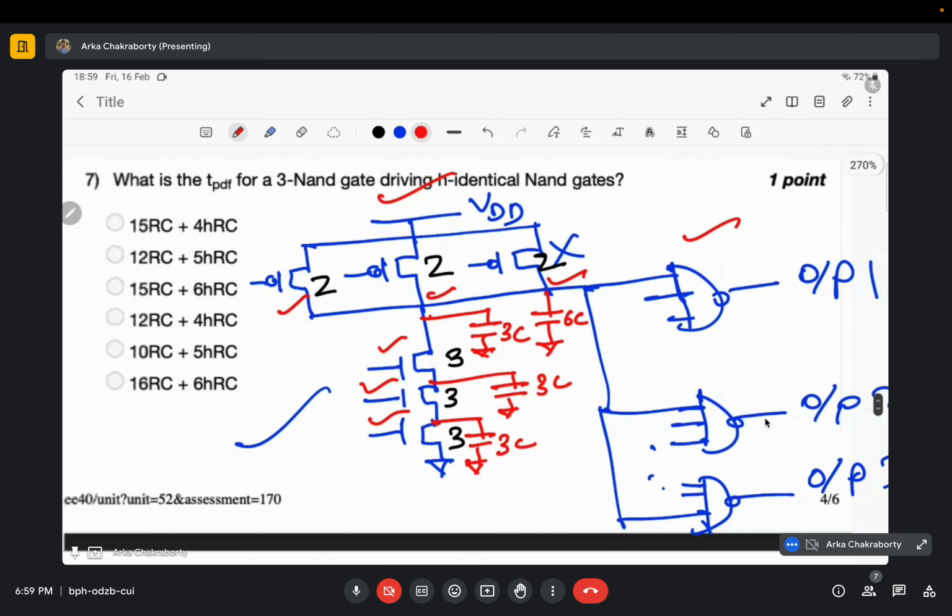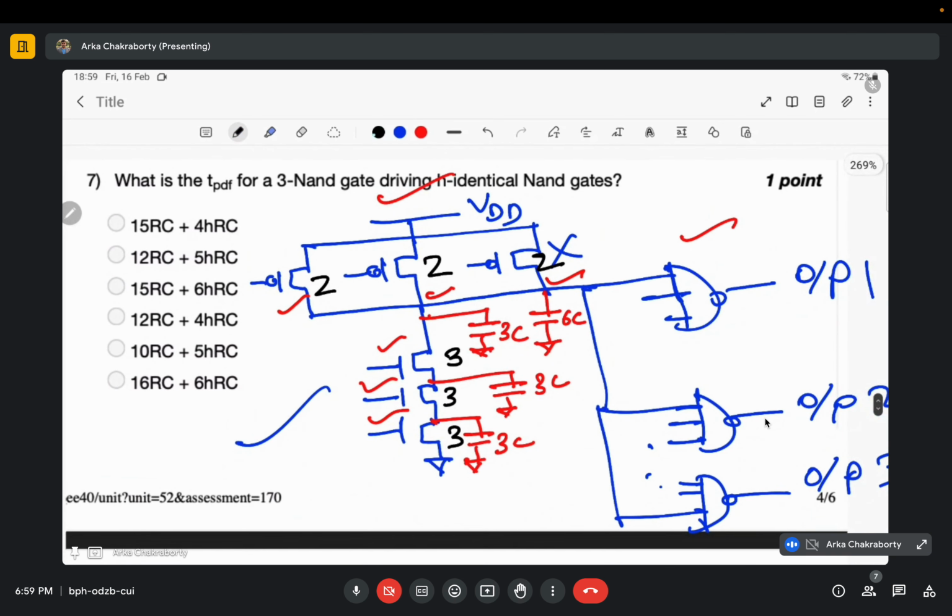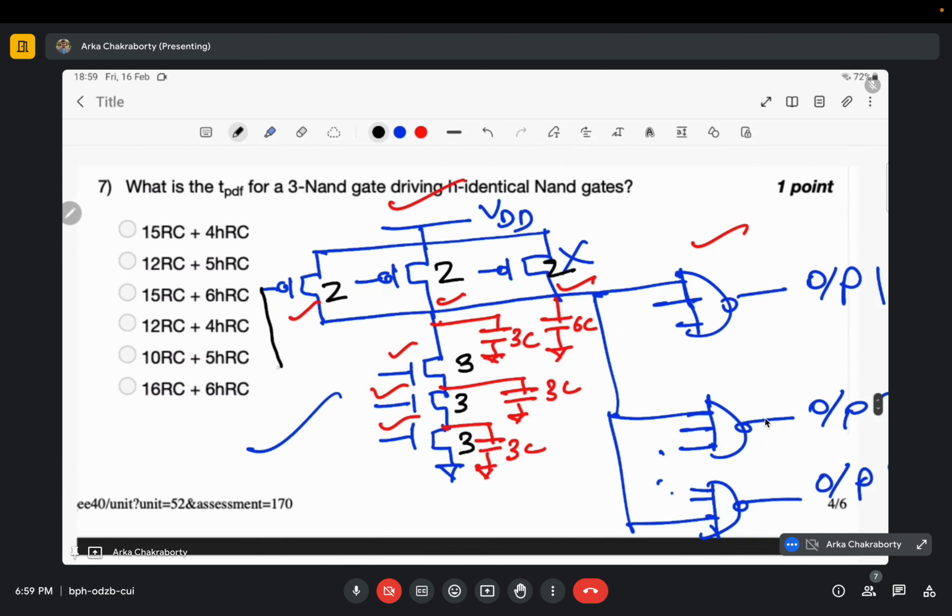And what would be the capacitance at the input nodes? These two would be connected. Let me call it A, or input 1. This one and this one would be connected. I'll be calling them B. And this one and this one would be connected. Let me call it C. So what is the input capacitance it is looking at? The input capacitance is 2C plus 3C.